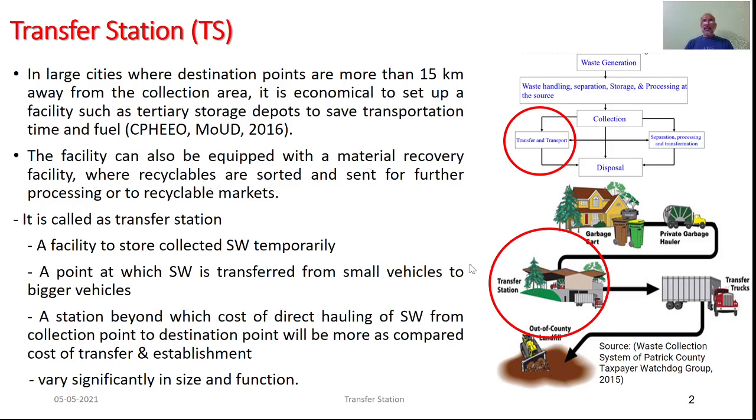Hence, this transfer station could vary significantly in size as well as in the functions that could take place within the premises meant for that transfer station.